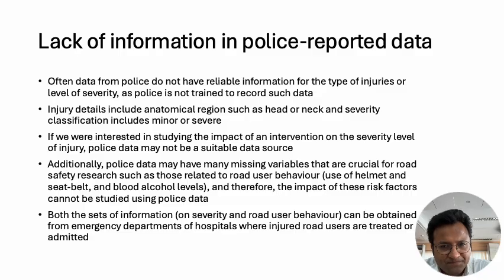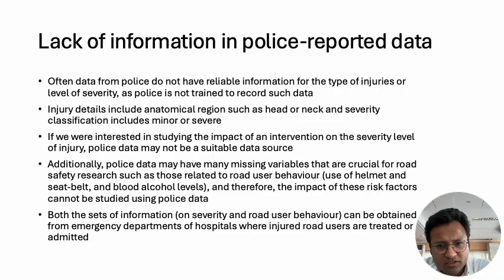For example, we often need what type of injuries did the victims have in a traffic crash, or what level of severity. Type of injuries may include whether there was a head injury, neck injury, shoulder injury, or something like this, or it may need classification by severity, whether it was a minor injury or severe injury.